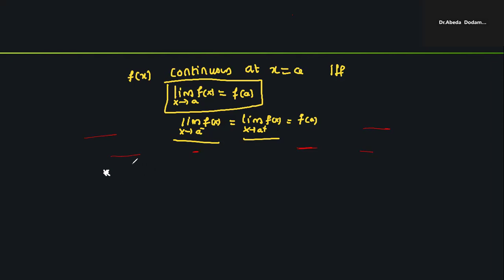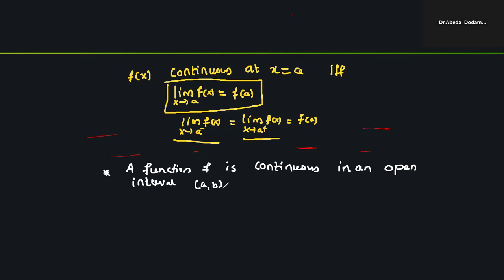So when we say that a given function is continuous in the open interval, a function f is continuous in an open interval, say the open interval (a, b). If f is continuous at every point of the open interval (a, b).